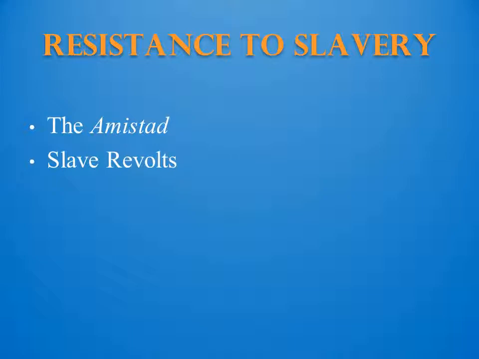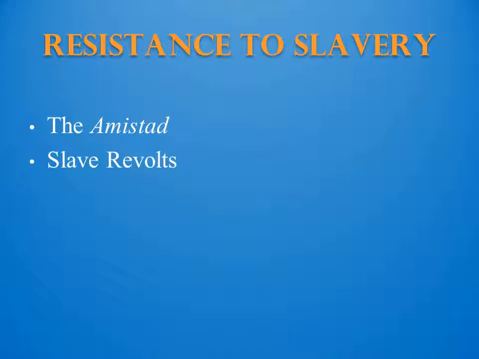In the Supreme Court, former President John Quincy Adams defended the slaves from the Amistad. He argued that since slaves had been brought from Africa in violation of international treaties that had banned the slave trade, they should, in fact, be freed. The court agreed with Adams' argument, and most of the freed slaves then emigrated back to Africa. While the Amistad case really had no legal bearing on slaves living in the United States, it may have inspired more revolts on ships in the future.